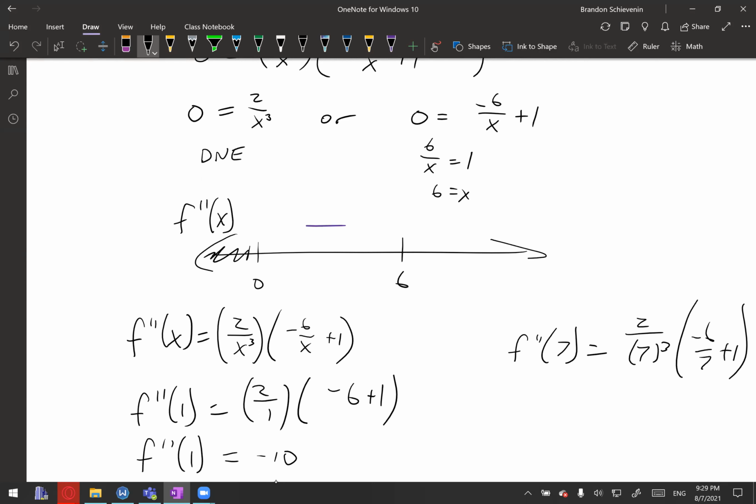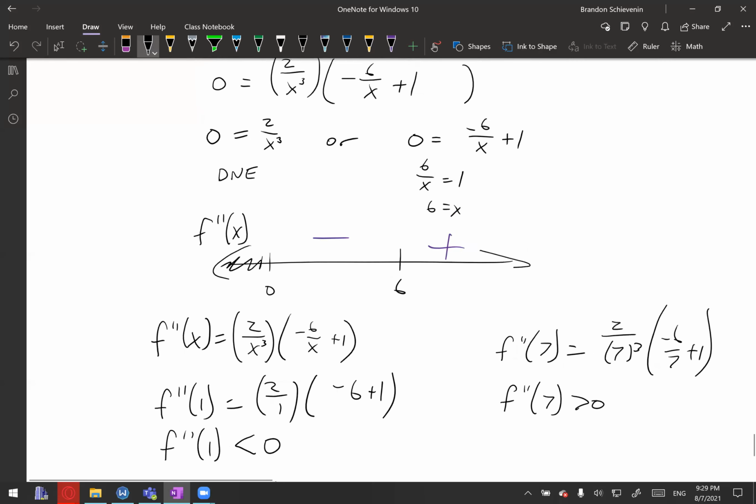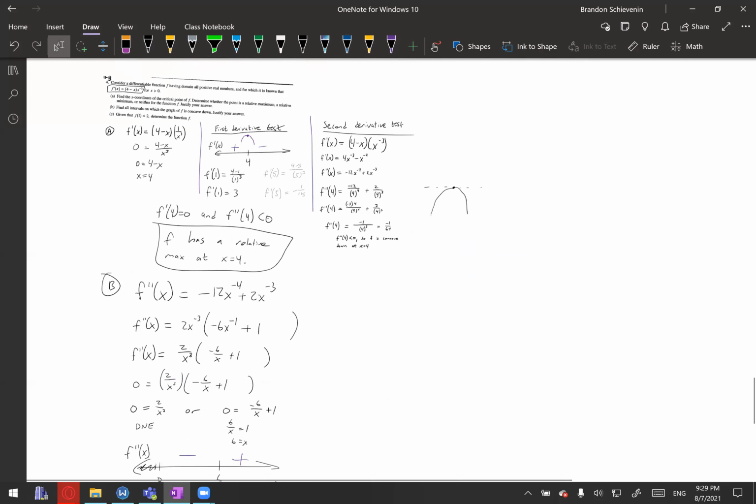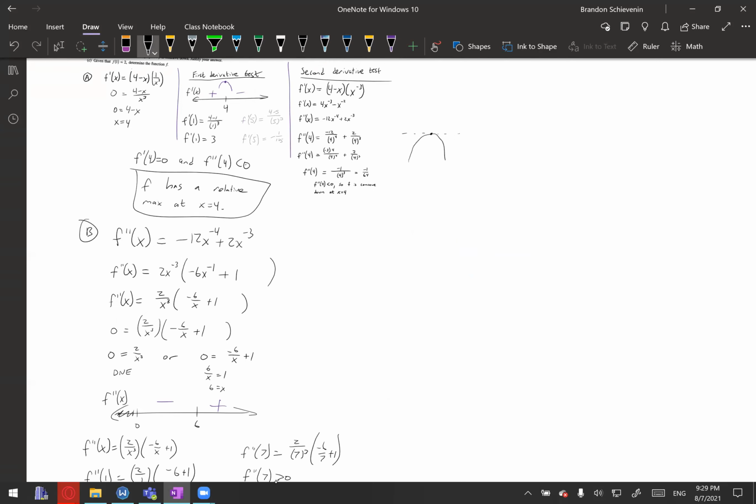This side is positive, this side is positive, and positive times positive is positive. The same thing over here is less than 0. So, because our interval starts at x equals 0, the only interval where we are concave down is from 0 to 6.